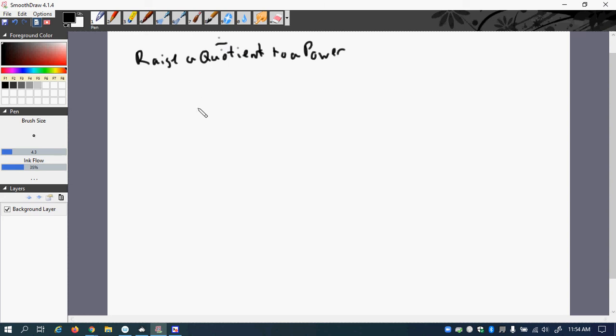So the basic general form is a divided by b, and it's all in parentheses to the n. Now that n, of course, just like before, it goes to the a, and it also goes to the b. So that becomes a to the n over b to the n. And this is the basic understanding, as long as b does not equal 0. Can't have that. Right? So let's look at some basic examples.